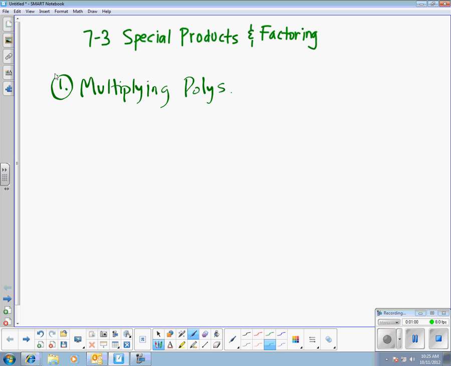x squared minus 4x minus 7 and x squared minus 2x plus 5. The FOIL is just a memory trick to help you remember that you multiply every term in the first one by every term in the second one.